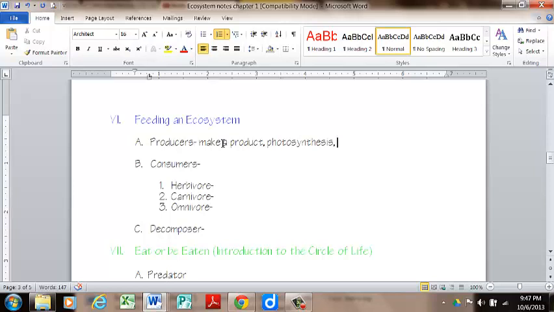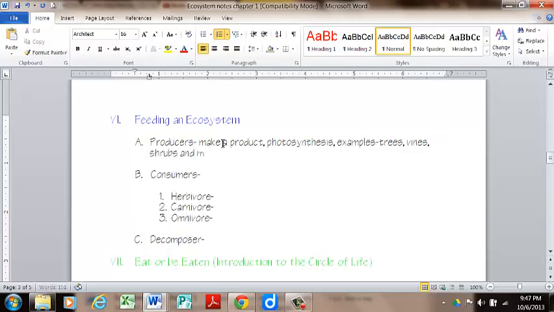The text also gave some examples: trees, vines, ferns, and mosses. So I'm going to add those to my notes as well. Actually, I'm going to write the word example first. I think that's enough notes about producers.